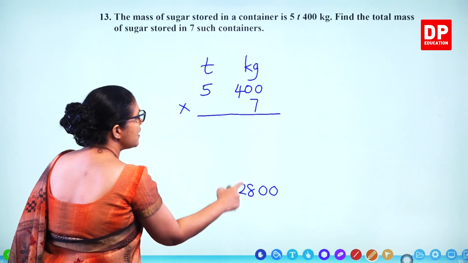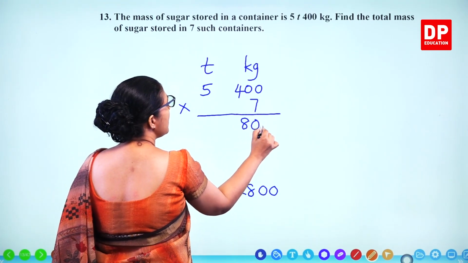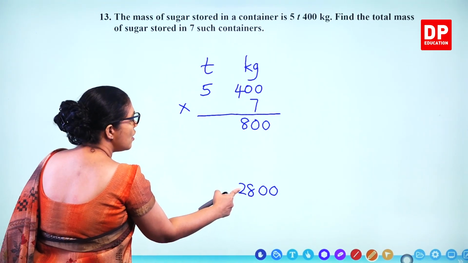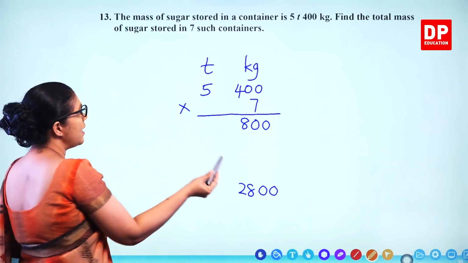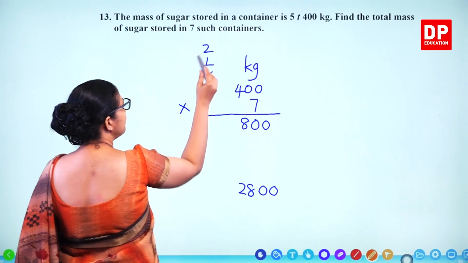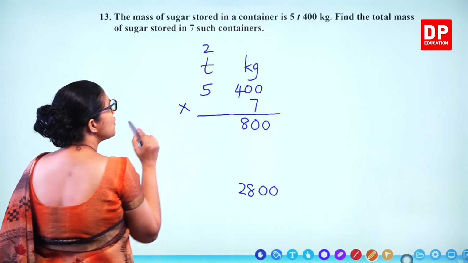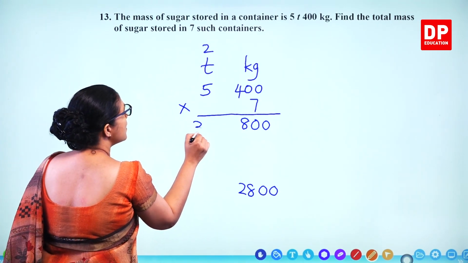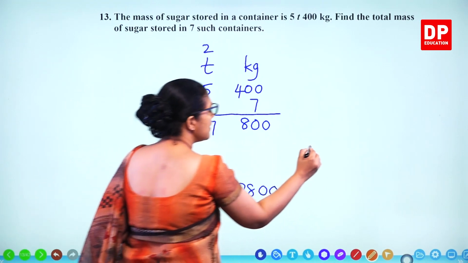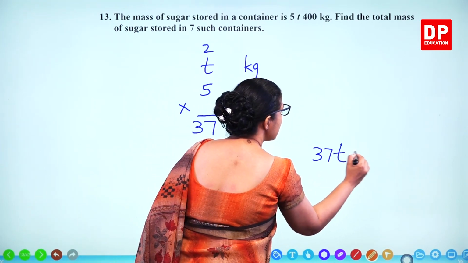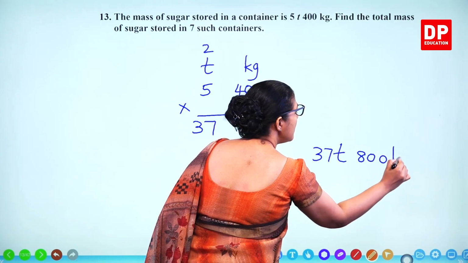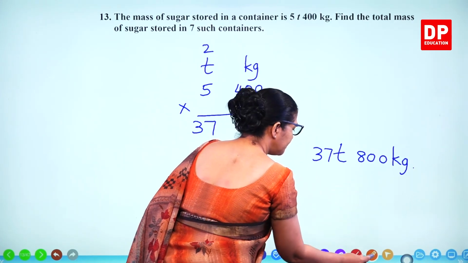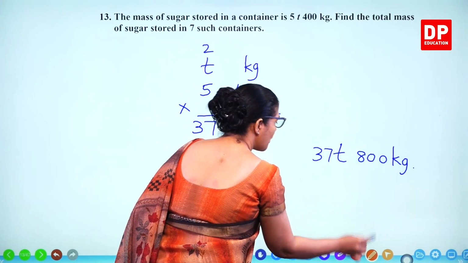You can't keep this. So maximum you can keep 800 and 2,000 you can take as 2 tons here. Then 7 times 5, 35. 35 plus 2, 37. So what's the answer? 37 tons and 800 kilograms. You get 2 marks.